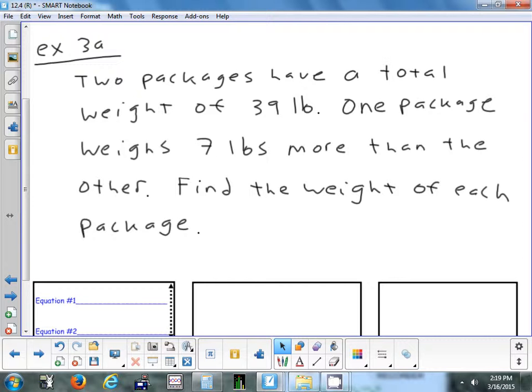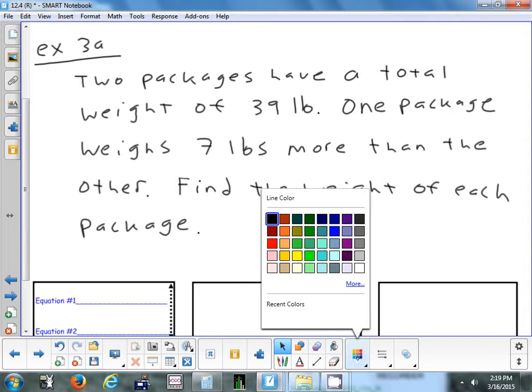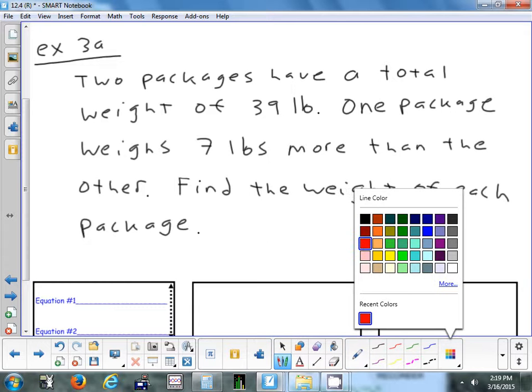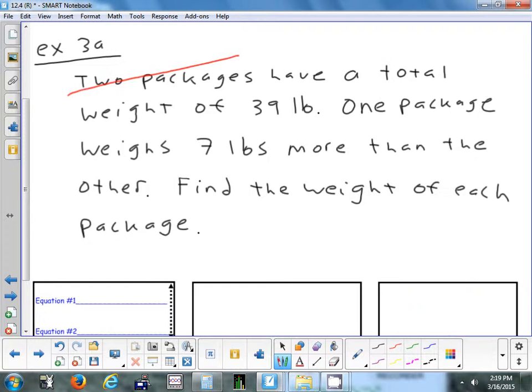Let's use red. Two packages, like Kayla just said, X and Y, have a total weight of 39 pounds. So this total weight of, X plus Y equals 39.